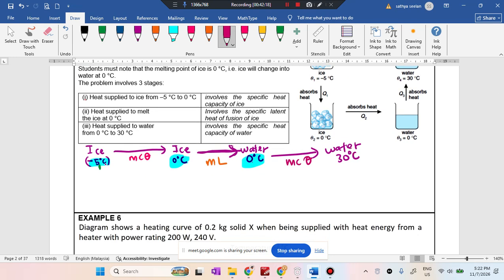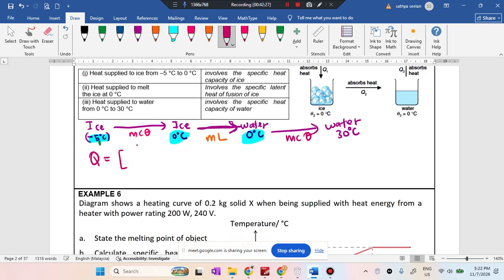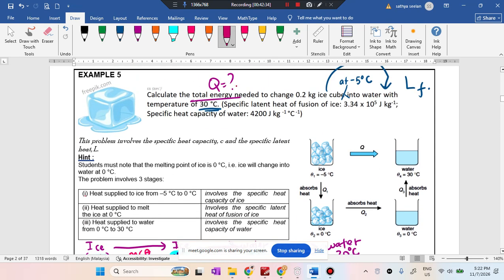Faham? So the total energy needed. Okay, first the mass of ice was what? 0.2. So first stage 0.2. And yang ni adalah specific heat capacity of water kita kena ambil. Walaupun dia ice, dia bahan yang sama kan? 4,200.